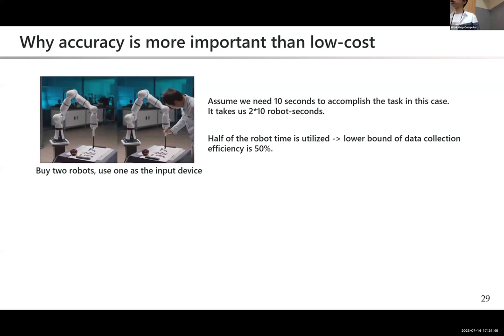In the worst case of teleoperation, we can assume that we buy 2 robots and use one of them as the input device. Assume we need 10 seconds to accomplish a task in the scene. Then it takes us 20 robot seconds, so half of the robot time is utilized, and it means that the lower bound of data collection efficiency is 50%.